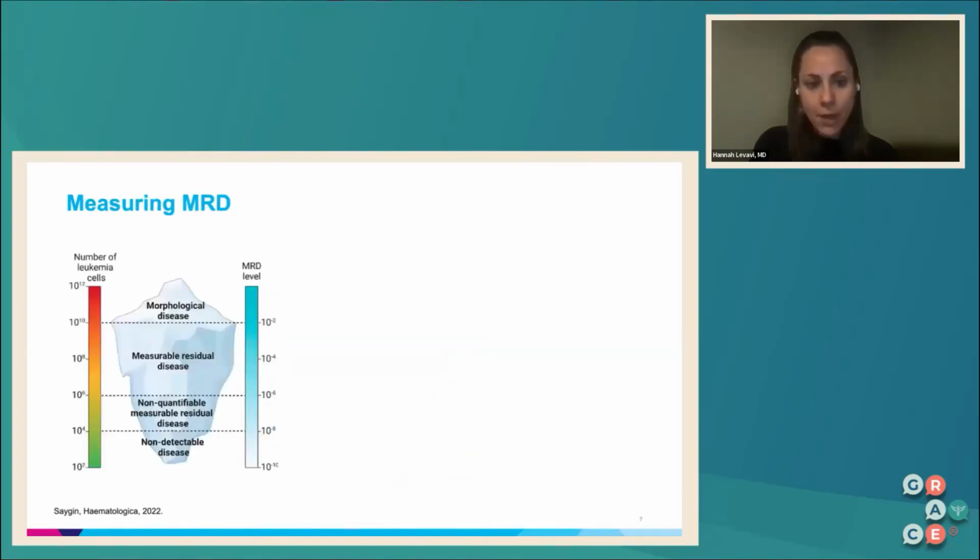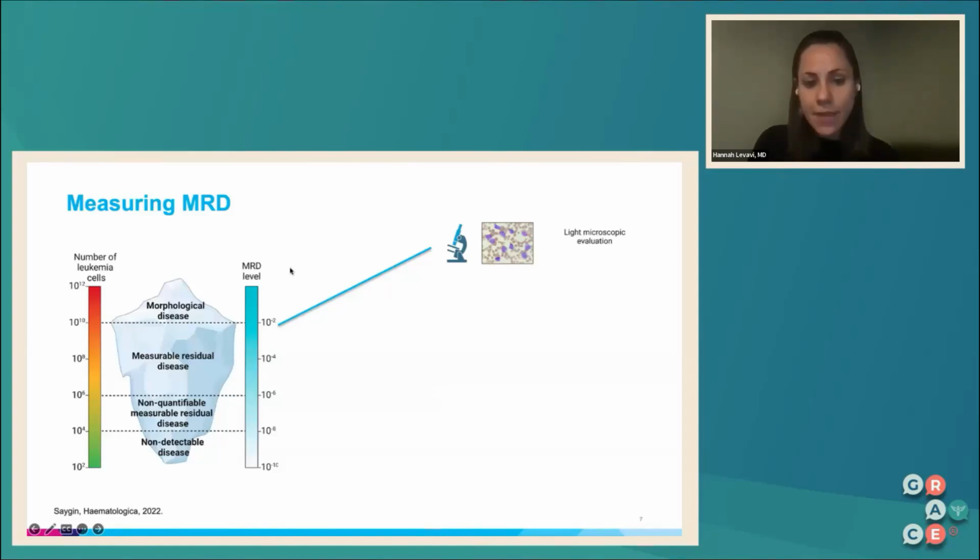So when we test for MRD, what we do is we use a number of different methodologies to see whether we can detect any amount of disease. At the kind of bare minimum level, we use biopsies and use light microscopy, meaning just looking under a microscope to see if there's any detectable disease.